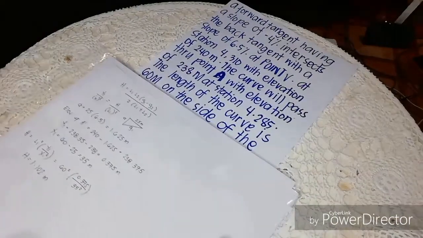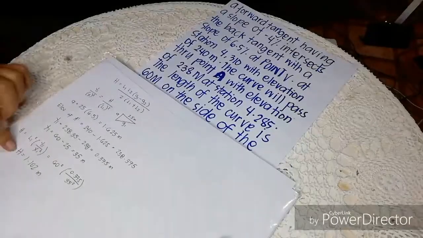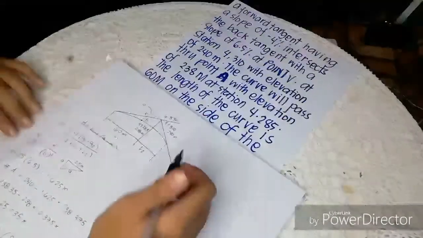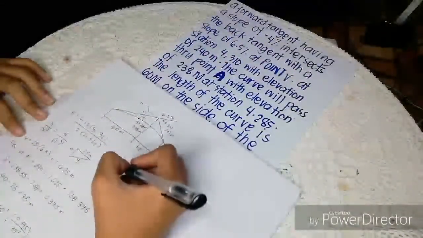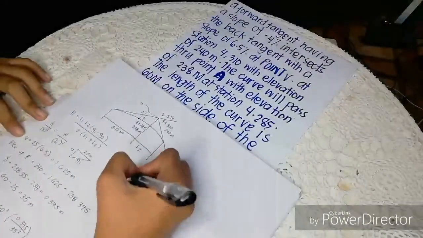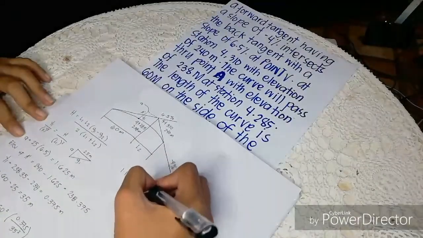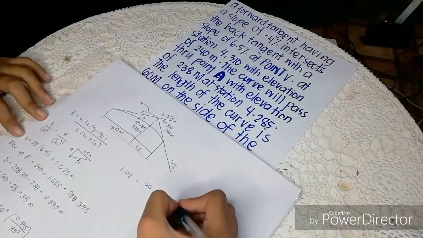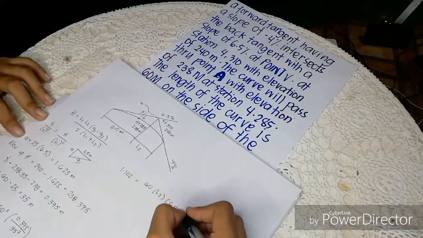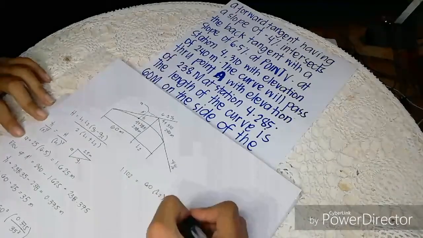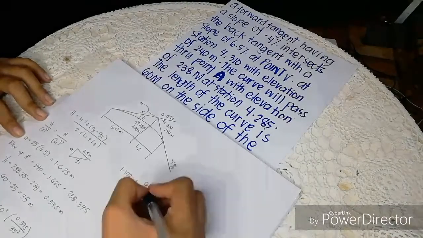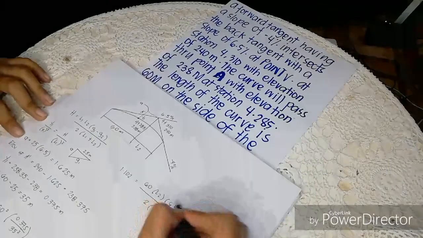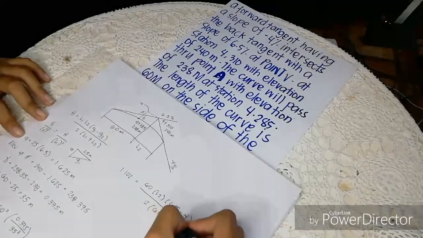So, yun. Pwede na nating i-substitute yung H dun sa naunang formula natin. Substitute na natin siya. H is equals to 1.102 is equals to L1, which is yung 60, times L2 times 6.5 minus negative 4 over 2 times 60 plus L2.